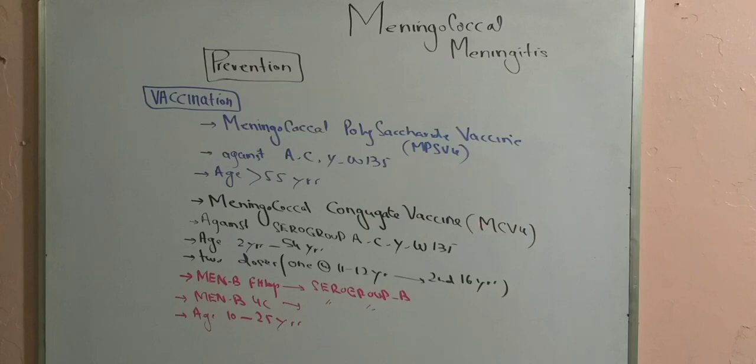These vaccines are also very important in patients who are either functionally or anatomically asplenic, or have complement deficiency, or are working in high risk environments, like microbiologists who are very much exposed to Neisseria meningitidis, or a healthcare worker who has done mouth to mouth resuscitation of a patient with meningococcal meningitis, or people living in army centers or hostels. All these are high risk patients, and they definitely need prevention with the help of these vaccines.